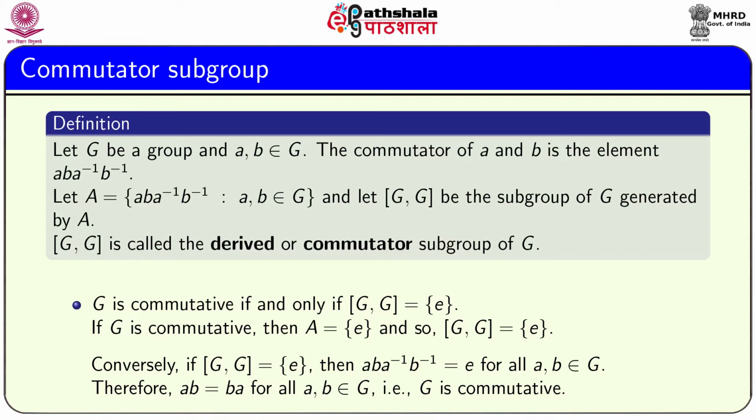On the other hand, if the commutator subgroup is identity, then A B A inverse B inverse is equal to E for all A, B belonging to G, thereby giving A B equal to B A for all A, B. So, that means G is commutative.